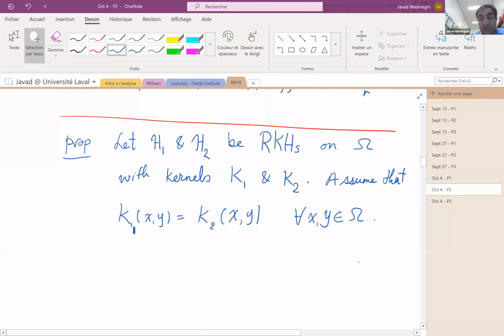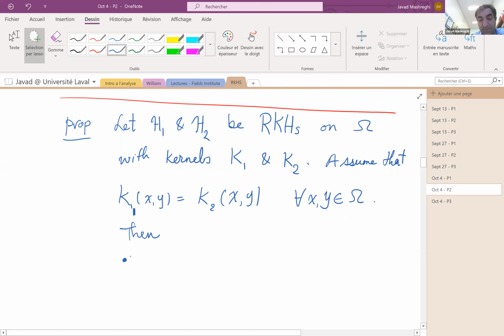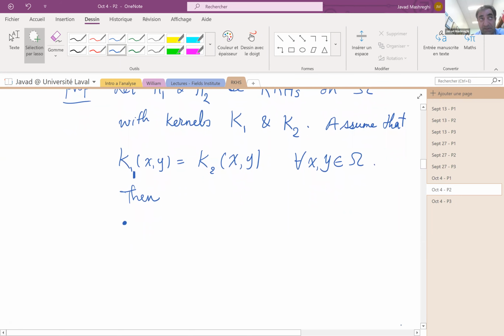Then first, the spaces coincide. I mean, H1 is equal to H2 as sets, but more than that, for every F, now it's the same set, the norms are equal.